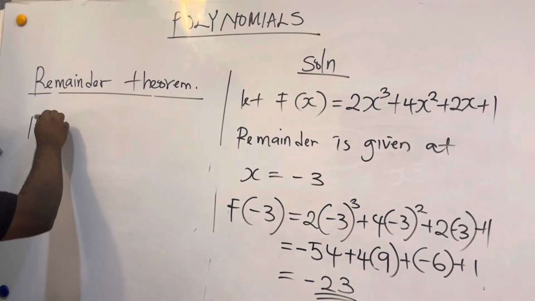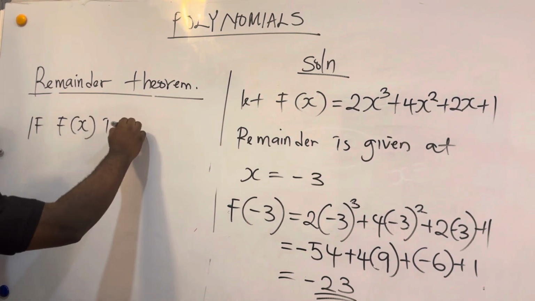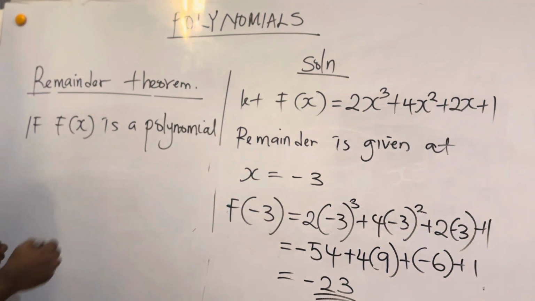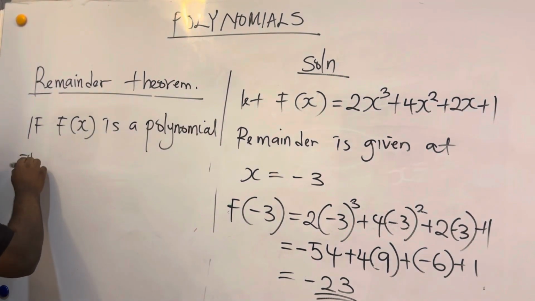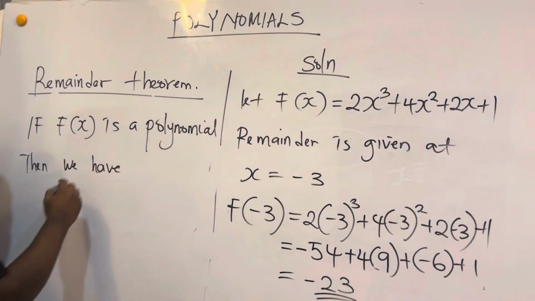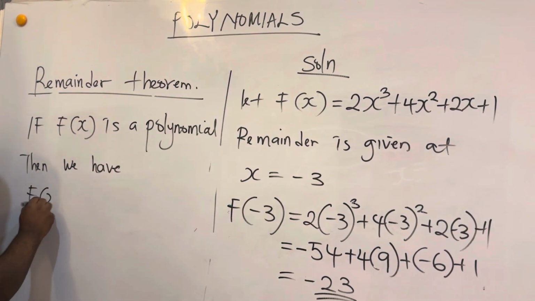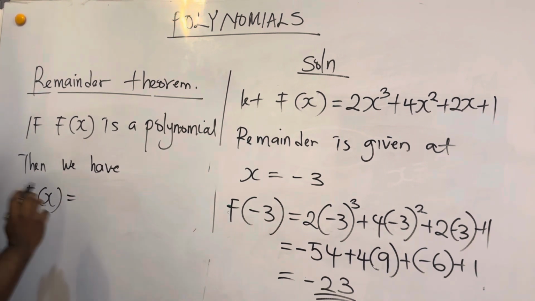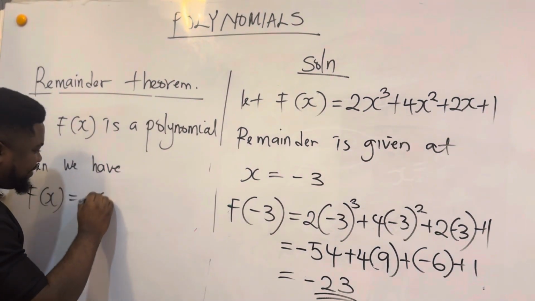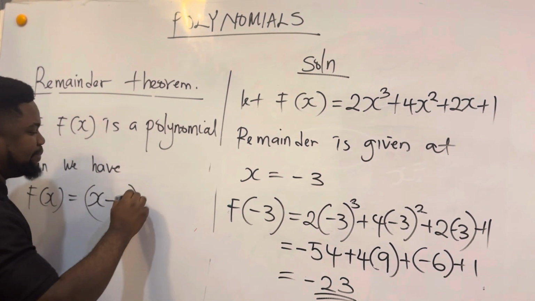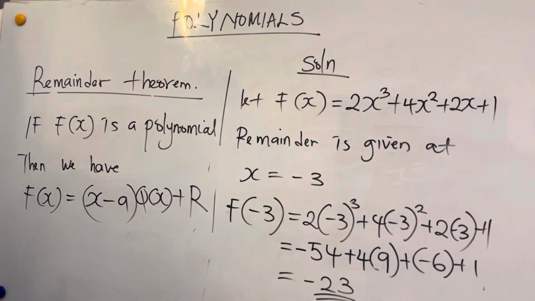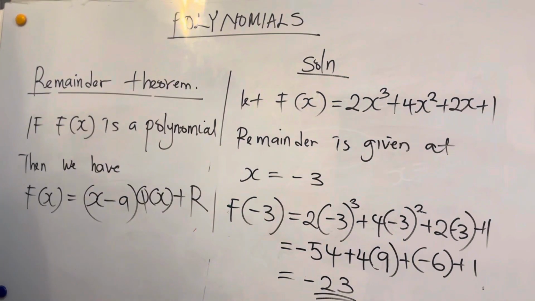If f of x is a polynomial, then we have that f of x will be equal to a linear divisor x minus a multiplied by its particular quotient plus the remainder. This is it, the summary of this theorem.